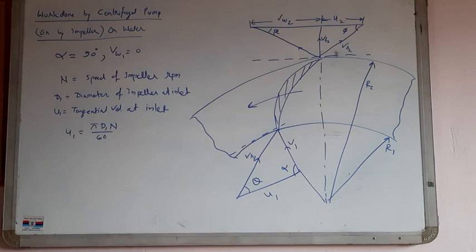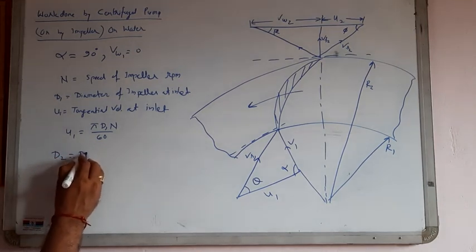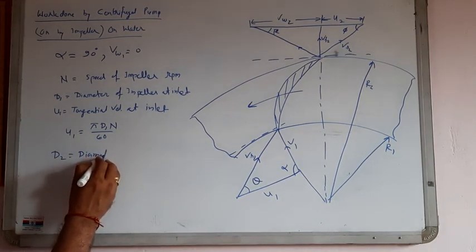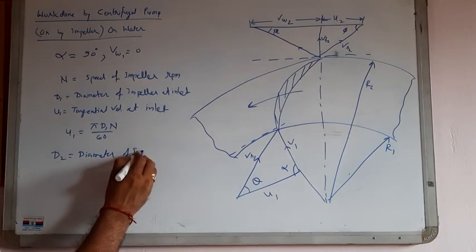This can be calculated. D2 is diameter of impeller at outlet.